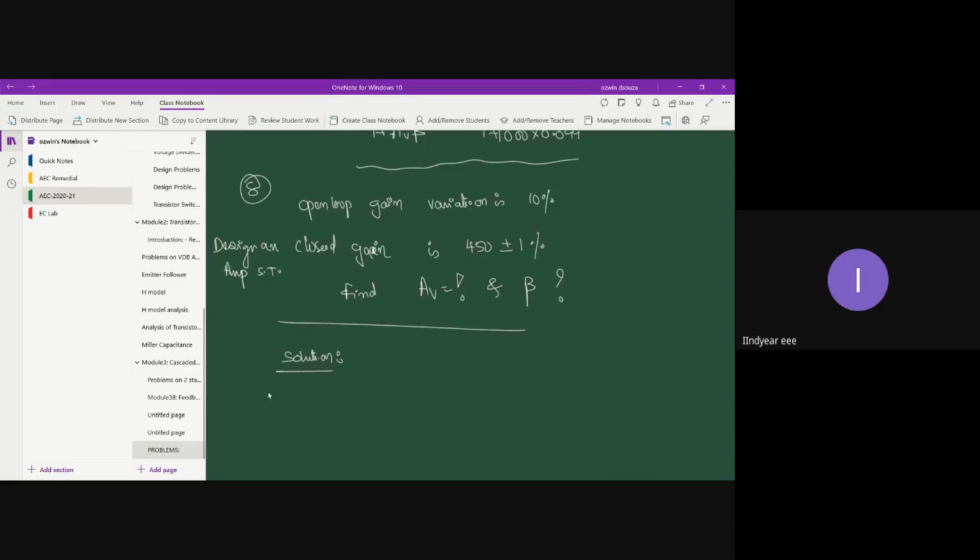First let us write down the stability part, because 10% and 1% is being given. Let us first write gain stability without feedback. The gain stability without feedback is plus or minus 10%, and similarly, gain stability with the feedback is plus or minus 1%.